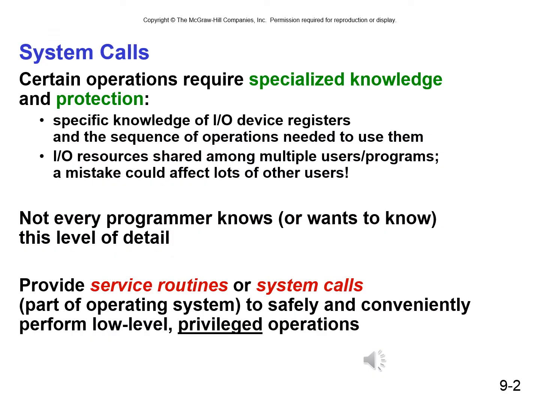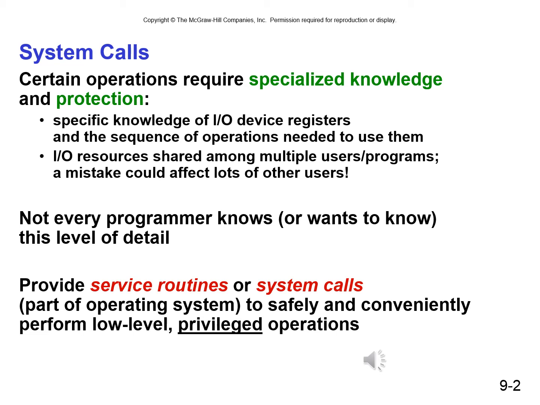First topic is a term that's very important, system call. There are certain operations that require certain protections and specialized knowledge of I/O device registers, sequence of operations, etc. And input-output resources are shared among multiple users and programs.